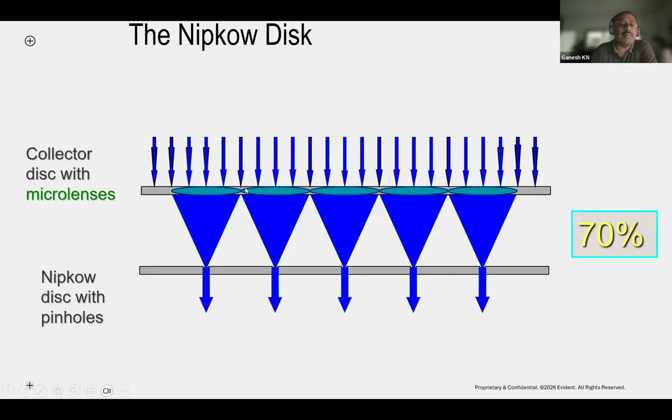Initially the excitation light was broader, and it became a small point light source, passing through a second disk, which in turn delivers the light onto your specimen. The first disk is called the micro lens based disk. The second disk is the conventional Nipkow disk, and each pinhole has a micro lens delivering high intensity into the specimen.